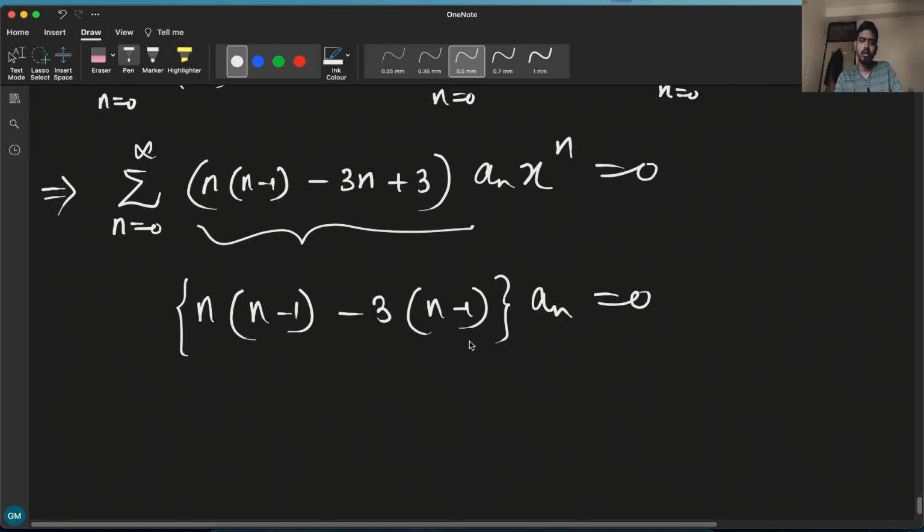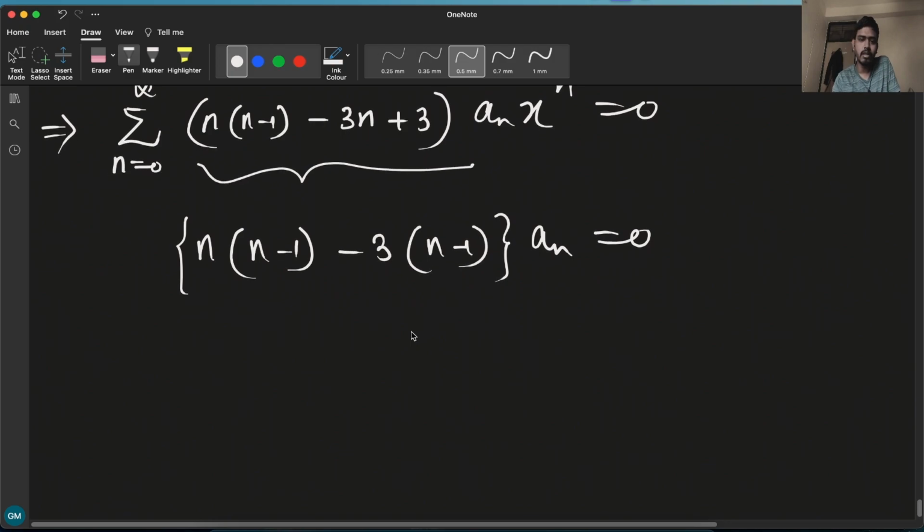Okay, so either an will be 0 or this term will be 0. When this term is 0, only for those cases an will survive, an will be non-zero. Otherwise an will always be 0. So only the surviving coefficients will be those for which this term is 0.